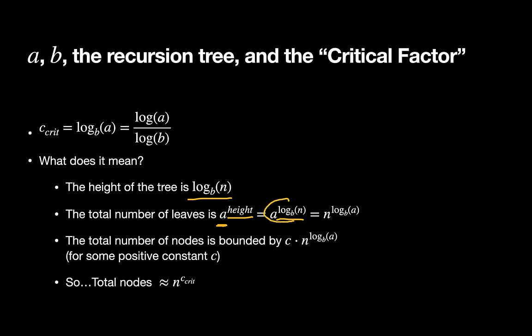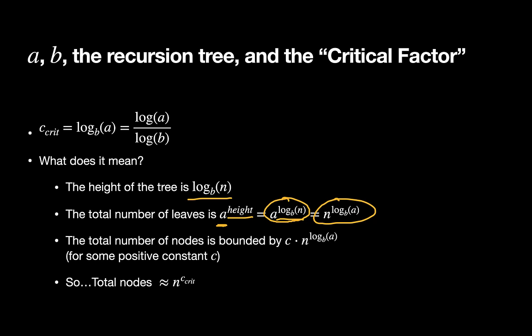So a to the log base b of n. Oh, we can just use that relationship that we just established, and we already know that that's equivalent to n to the log base b of a. So we're just using some kind of long-winded algebraic simplifications and substitutions here. It doesn't seem immediately intuitive because it's not, but we have established that these two things are equivalent.